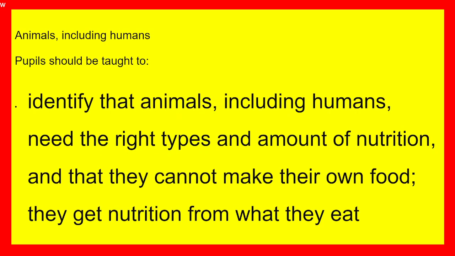The next area of study is animals, including humans. The children should be taught to identify that animals, including humans, need the right types and amount of nutrition, and that they cannot make their own food.